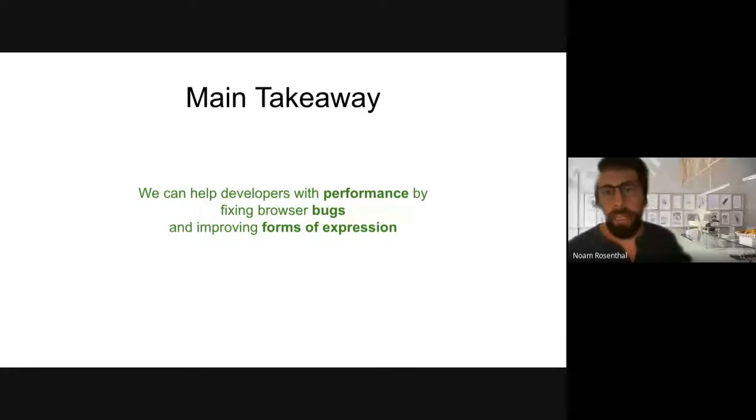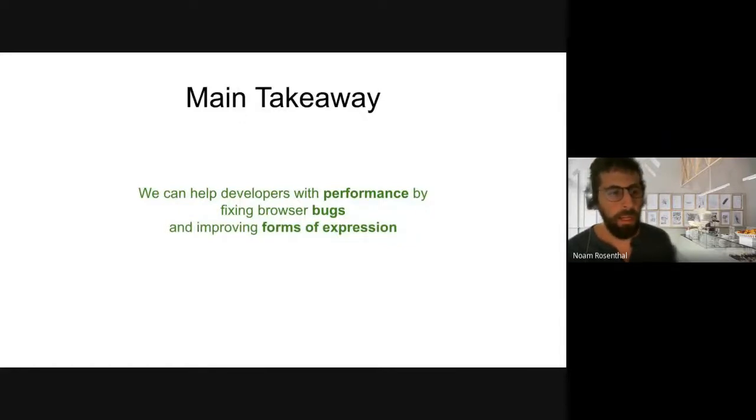And my main takeaway to this group maybe is that performance is not just about monitoring or about meta and HTTP and things like that. Sometimes performance is about fixing bugs and allowing new forms of expression.